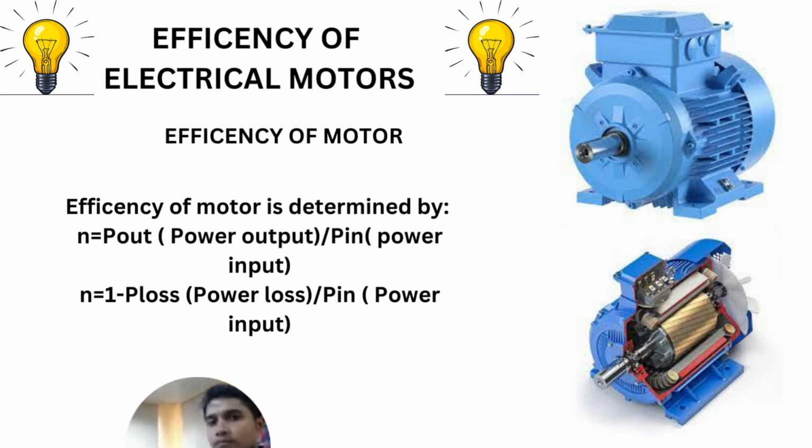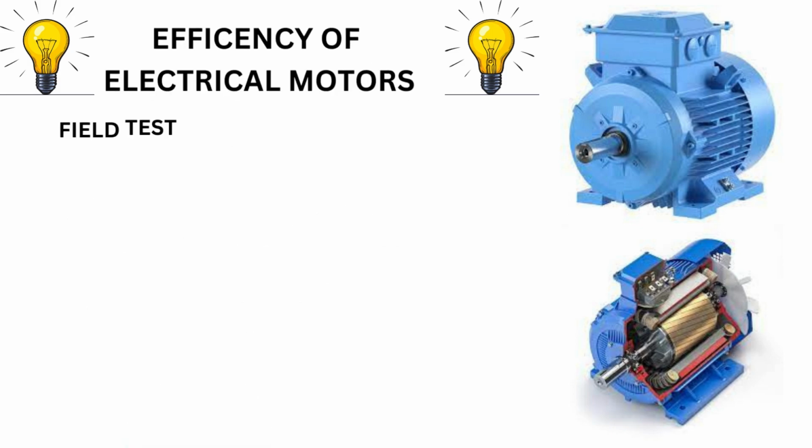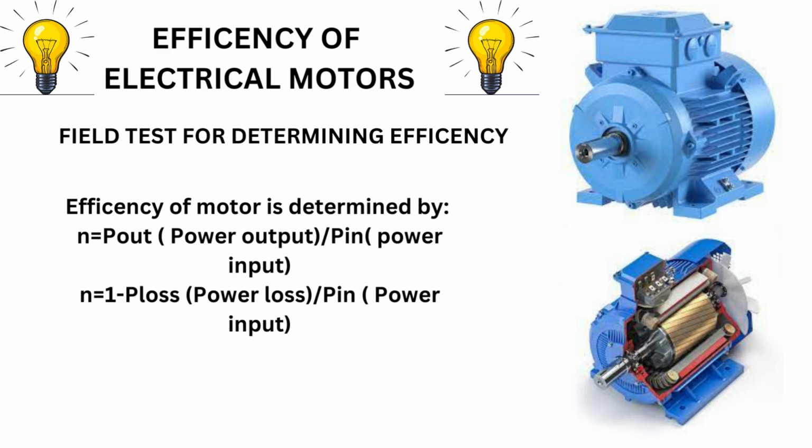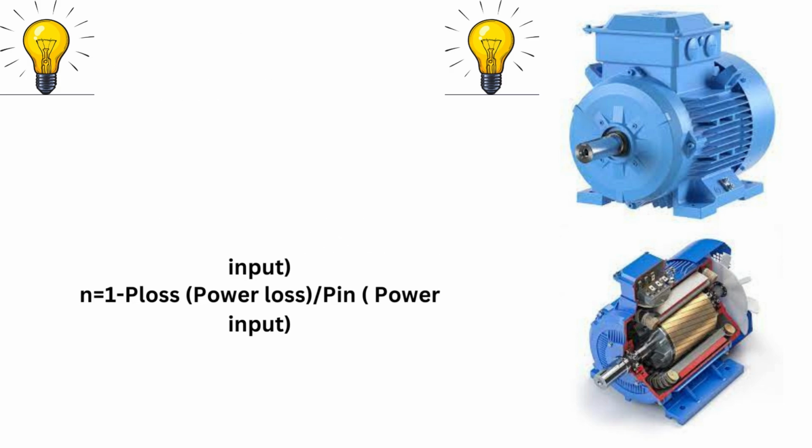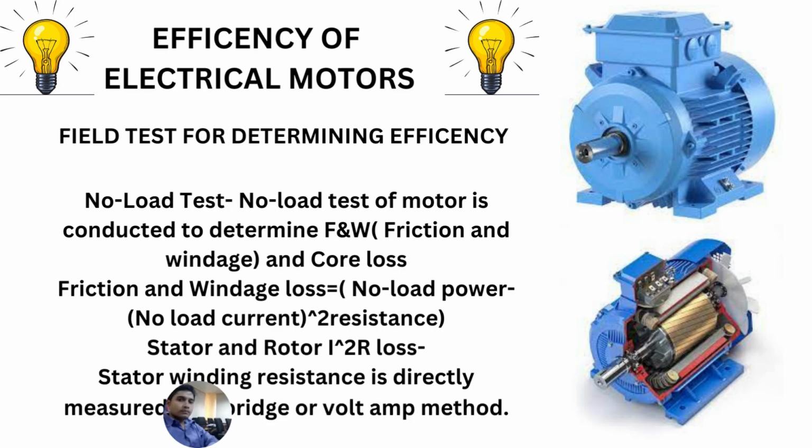Efficiency of a motor is determined by the formula power output by power input, or 1 minus power loss by power input. Okay.